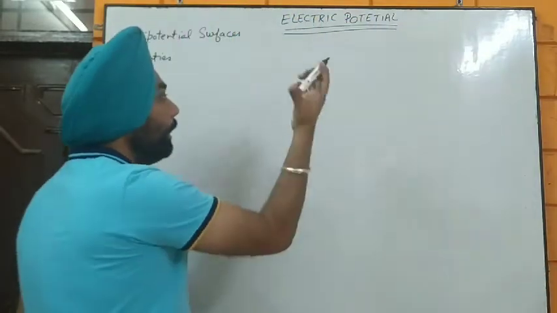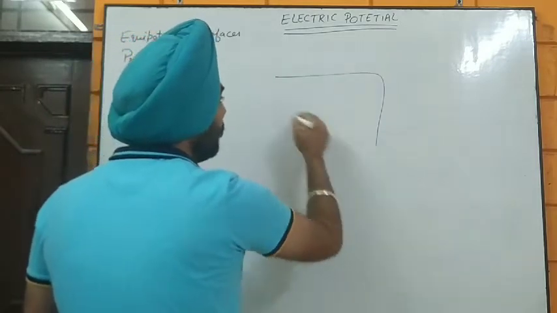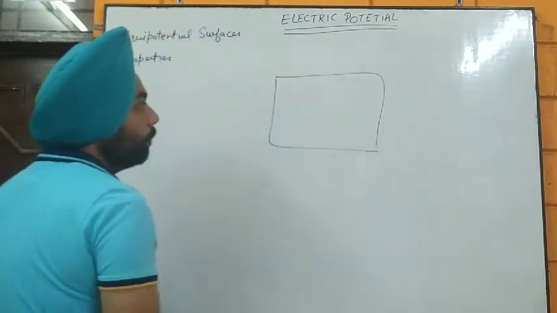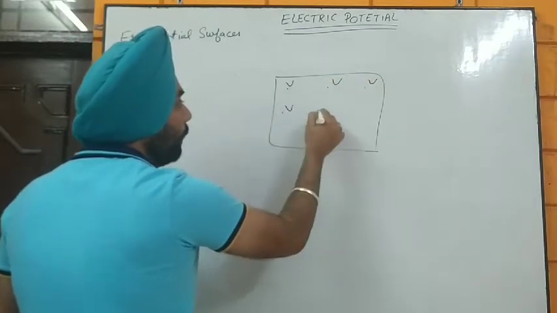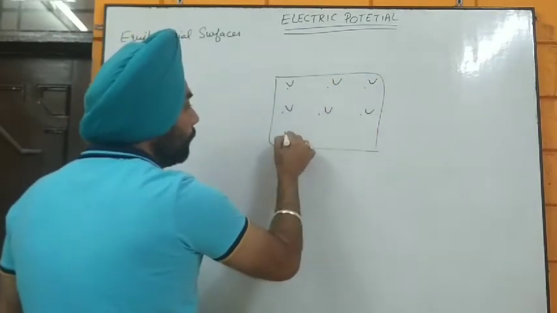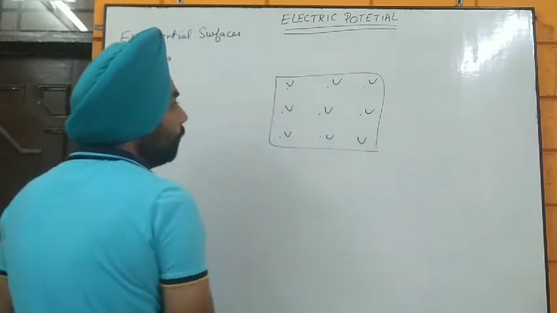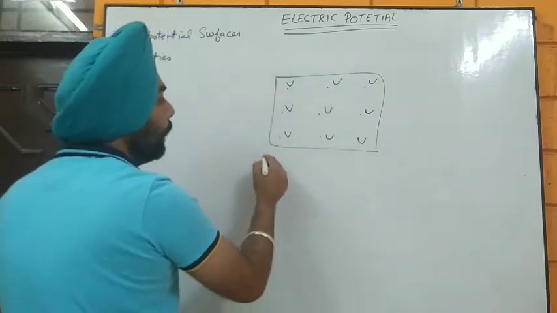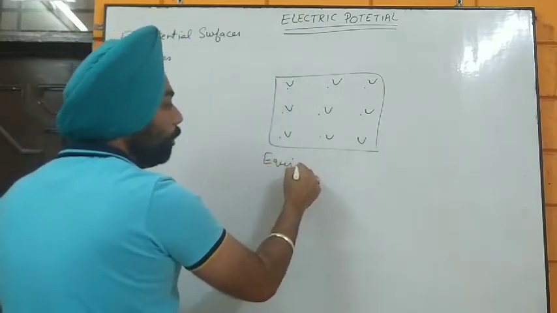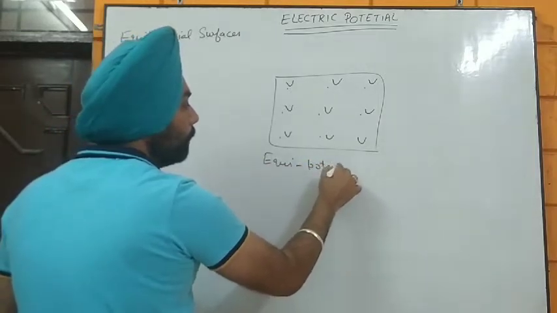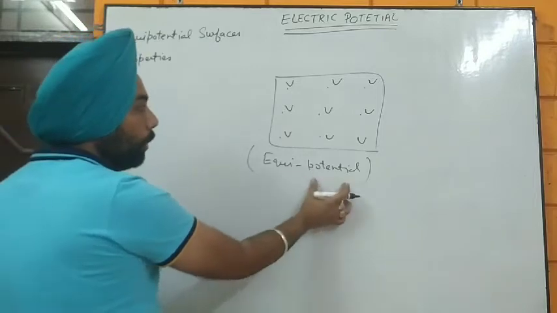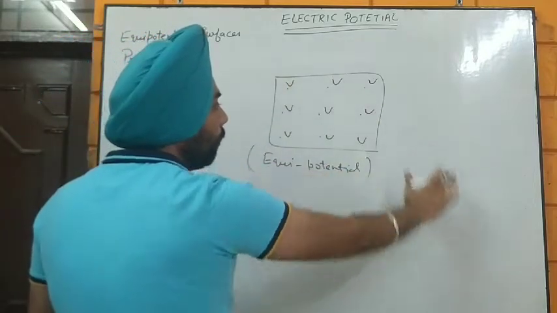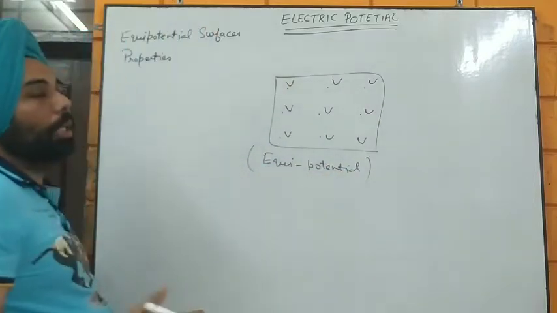Which means if we take any surface, let's suppose that is a surface, the potential at every point is going to be V. So that surface is known as an equipotential surface. Equi means equal, so equal potential at all points of the surface is known as an equipotential surface.